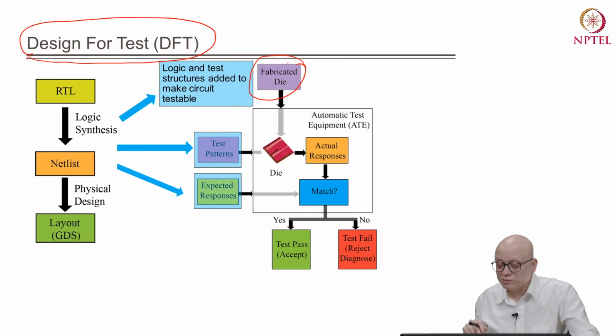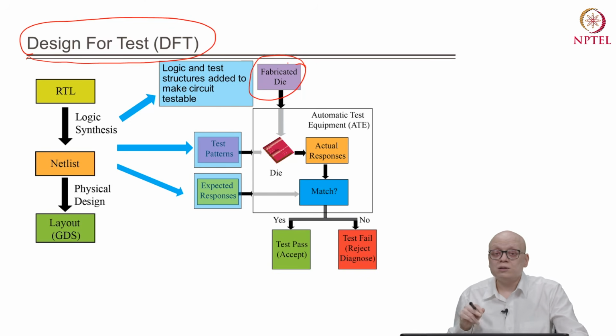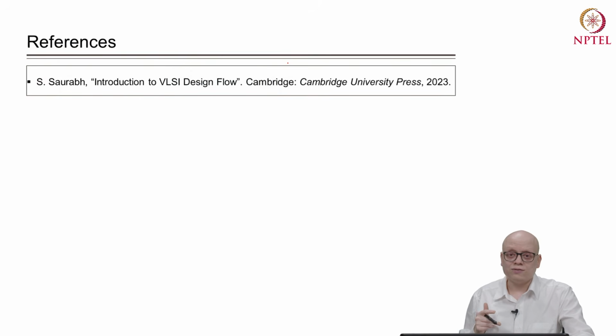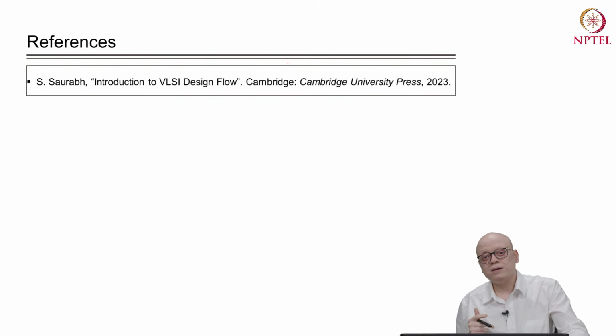So, these are some of the tasks that need to be carried out during the design steps, and these are intended for manufacturing test. We will discuss these tasks in detail later in this course. This is the reference which can help you go deeper into this topic.